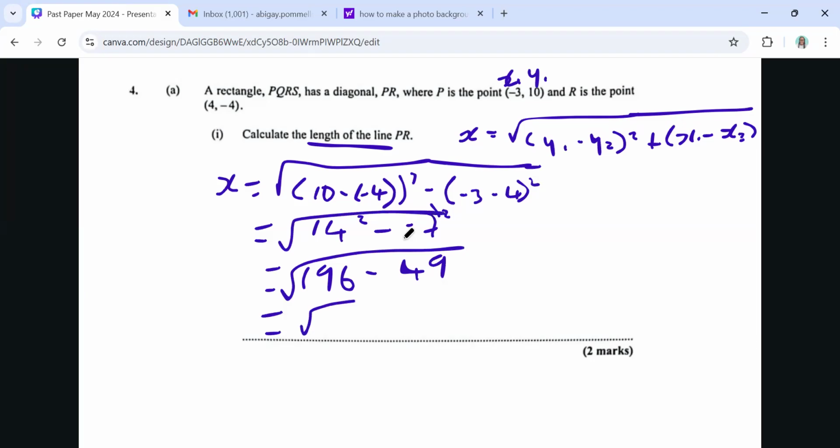And we get 147. And what's the square root of 147? 12.12. That's it. We can't forget our units.